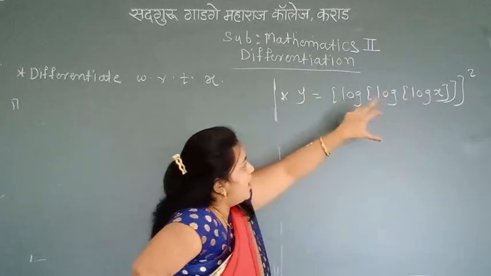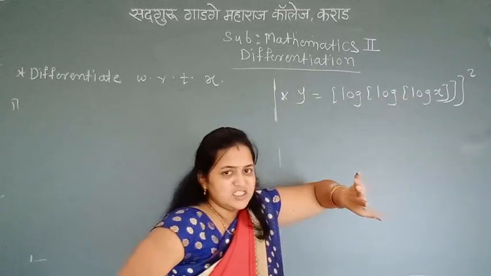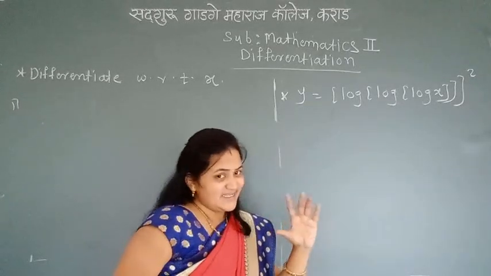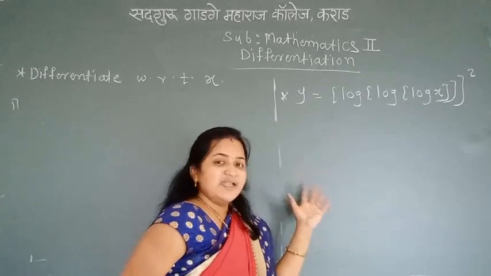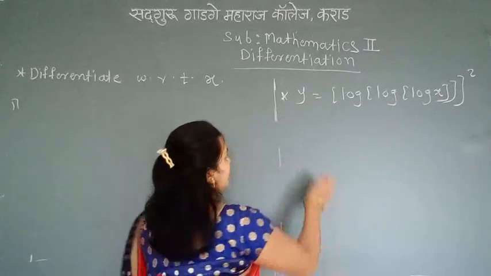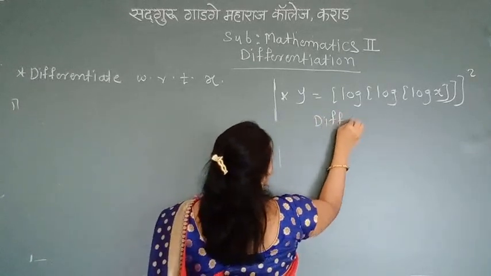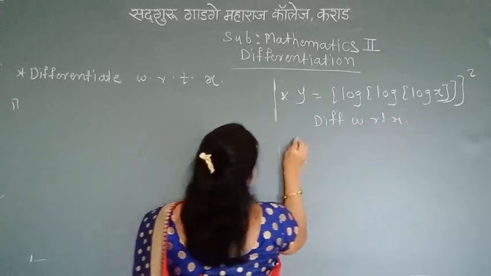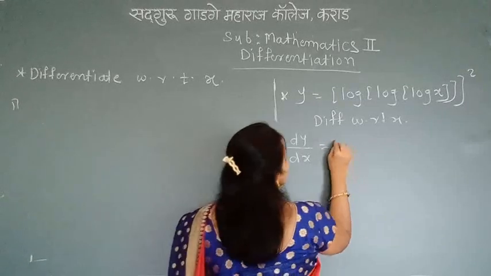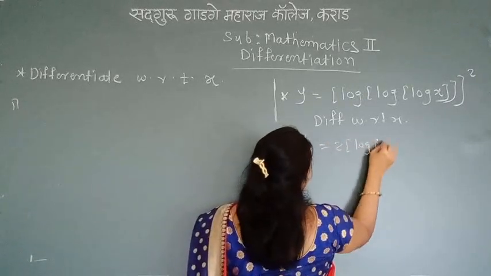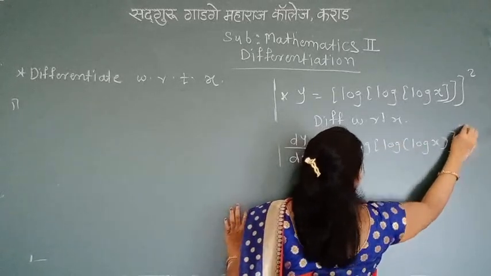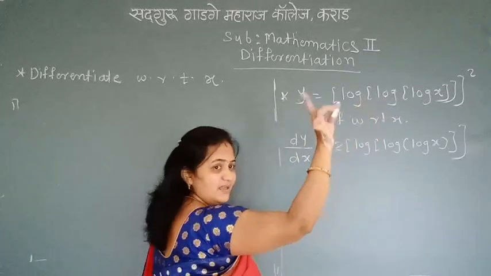सो यहाँ पे 1 2 3 4 टाइम्स कंपोजिशन हुआ है, हमें 5 टाइम्स डिफ्रेंशिएट करना है। पहला हमारा स्टैंडर्ड फंक्शन है x रेज टू n। सो हमें x रेज टू n से हिसाब से हमें क्या फॉर्मूला मिलेगा, n x रेज टू n माइनस 1। सो डिफ्रेंशिएट विथ रिस्पेक्ट टू x विच इज dy बाई dx इज इक्वल टू, क्या फॉर्मूला होगा, 2 इनसाइड द ब्रैकेट log of x raised to the power 2 minus 1 which is 1.